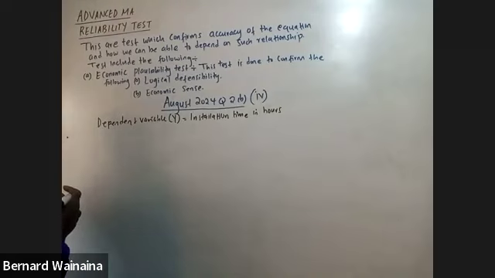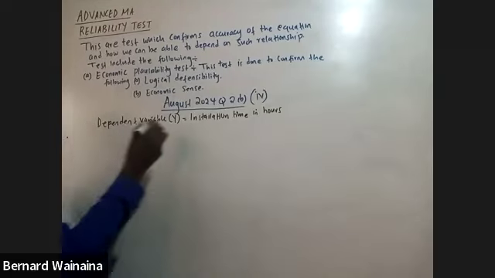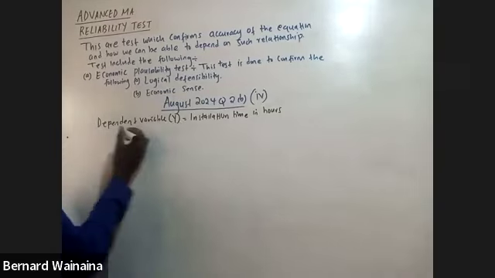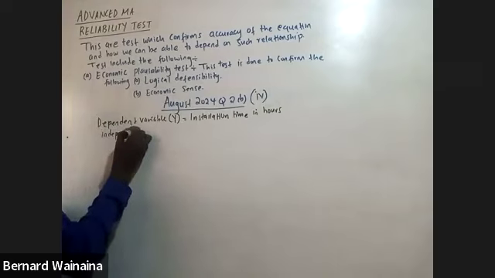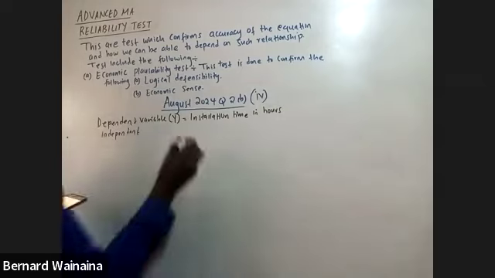Necessary for maintenance request, installation time is believed to be related to two factors. Which factors affect y? These are the independent variables. Since there are two factors, this is a multiple regression.